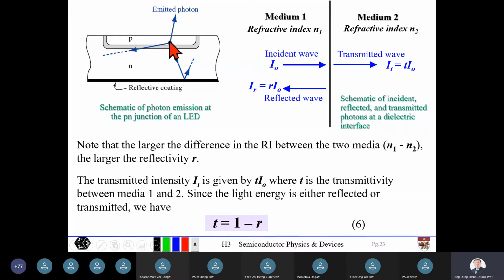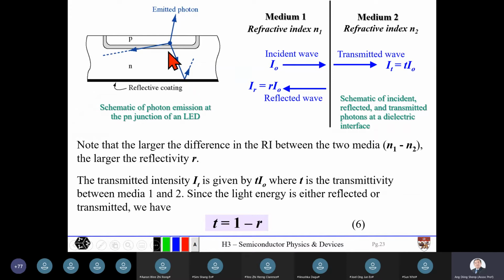So while reflection limits the amount of light transmitted from semiconductor to air, it can be put to good use by collecting light that scatters in the other direction that could not escape into air. For example, at the bottom of the N region here, we can coat it with a very shiny metal material to form a reflective coating.